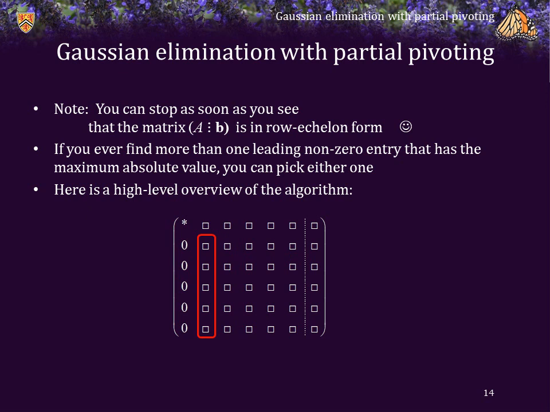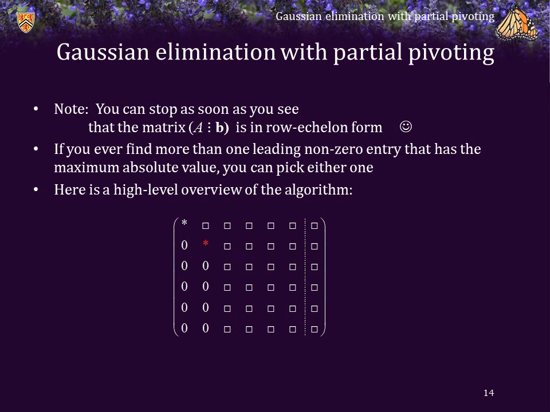So now we check each of these leading non-zero entries, find the one that is largest in absolute value, and whichever row that is in, we swap that row with row 2. So now that is the largest in absolute value entry within the second column for all leading non-zero entries. We then add an appropriate multiple of row 2 onto all other rows so as to zero all of them out.